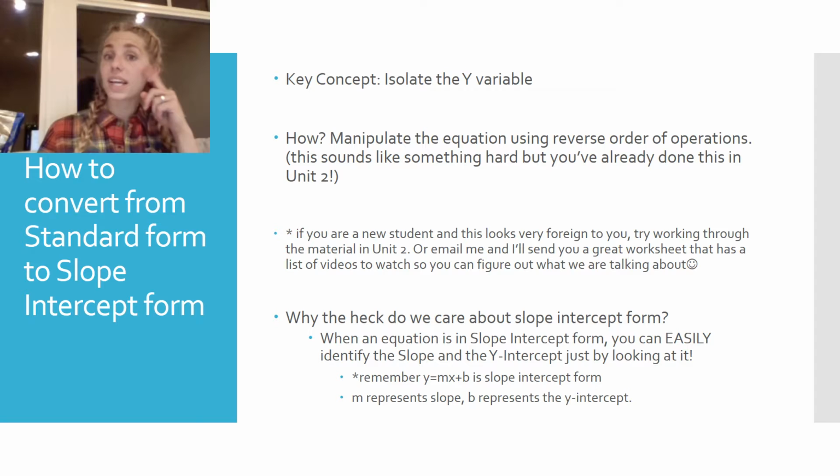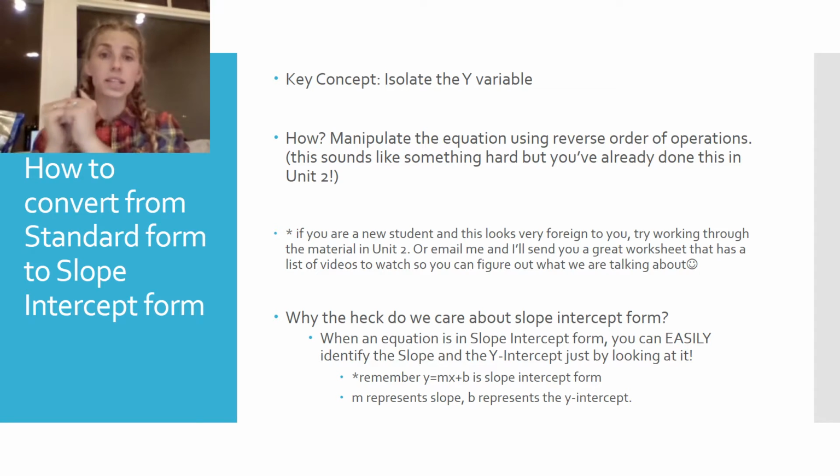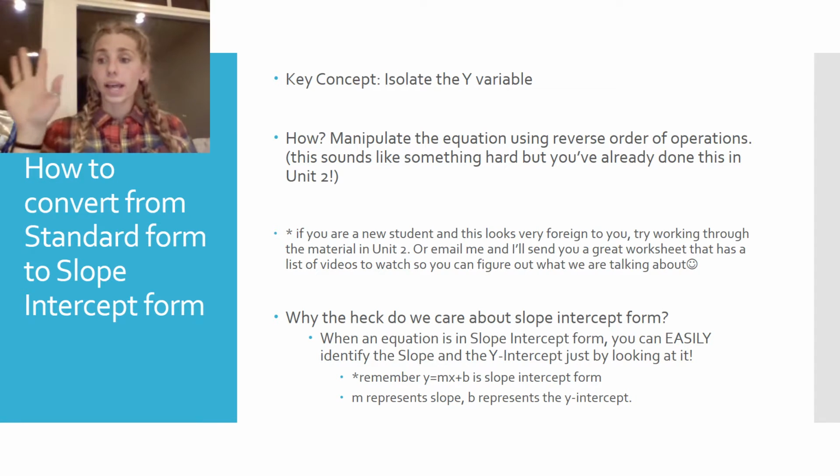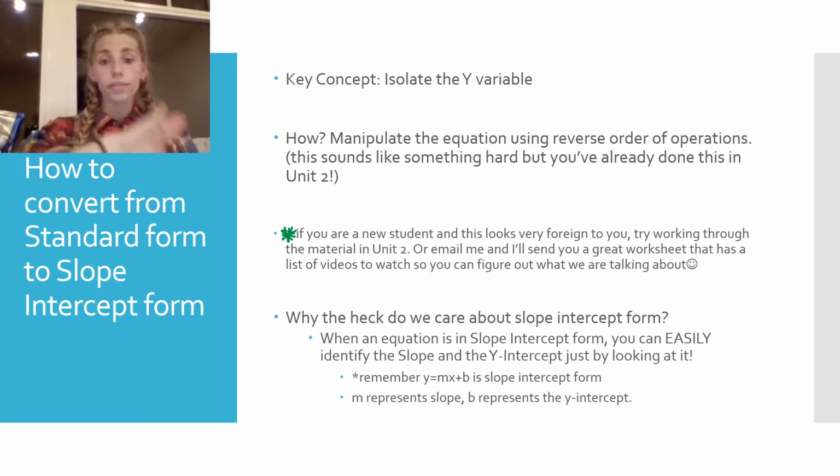Okay, so now we're going to get to the nitty-gritty, the meat of our lesson, how to convert from standard form to slope-intercept form. Now, I'd like to point out, if you are a new student and this begins to sound like French to you, like it's so confusing, you need to go back to Unit 2.